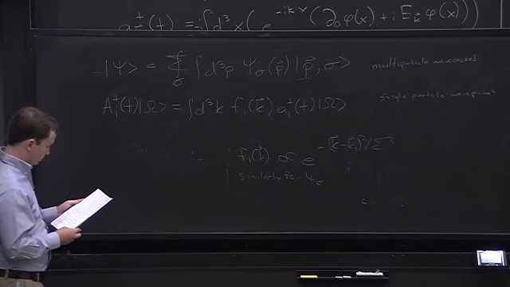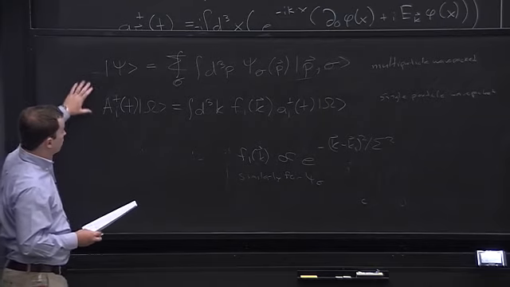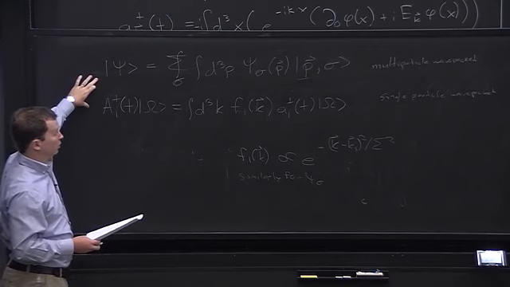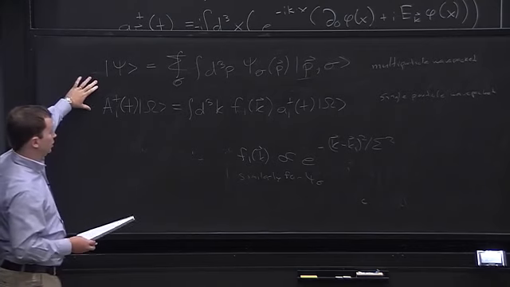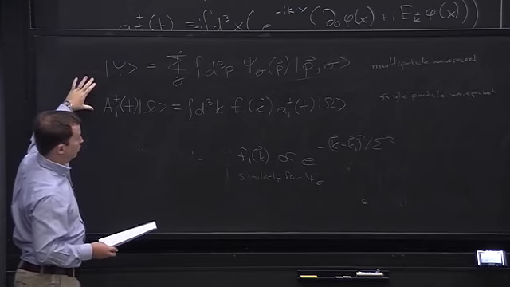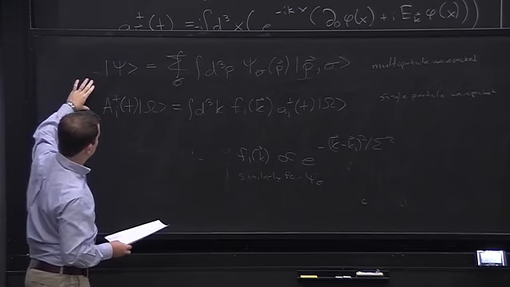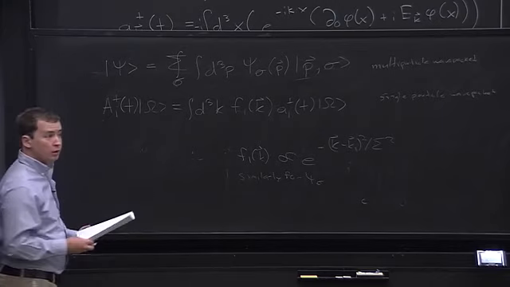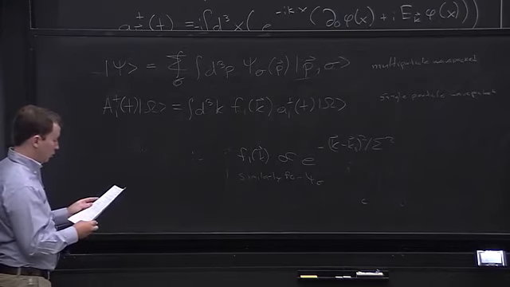And so these are normalizable states, unlike our momentum eigenstates or our position eigenstates. So these ones are normalizable, and so we won't run into any problems due to using non-normalizable states.